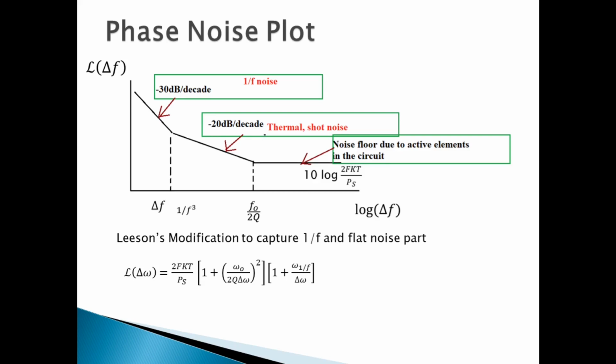If we experience the slope of minus 30 dB per decade, the only way to explain it is by the presence of the flicker noise. So if a very low frequency oscillator is designed, usually near the carrier frequency, you will not experience the 1 by f noise. So straight away you will see a slope of minus 20 dB per decade.